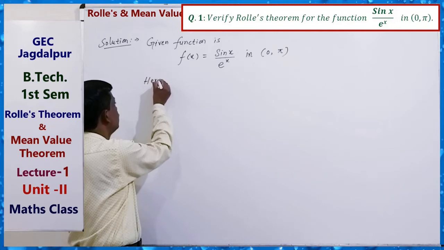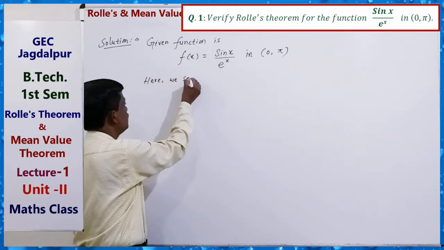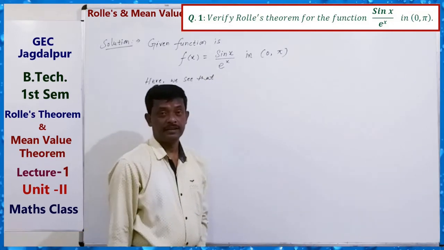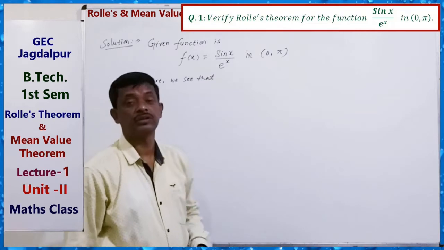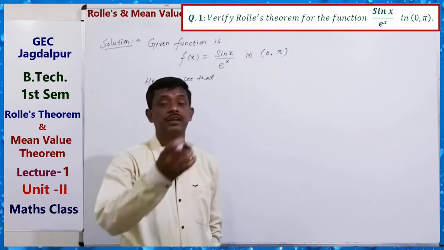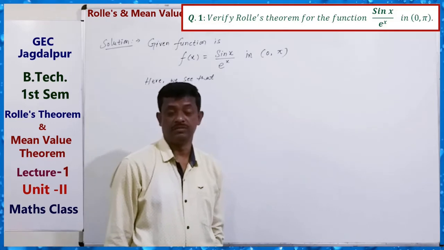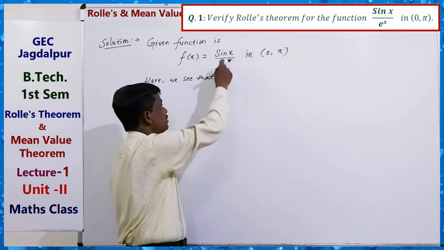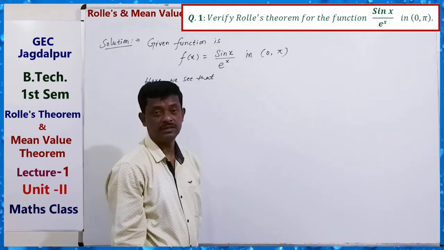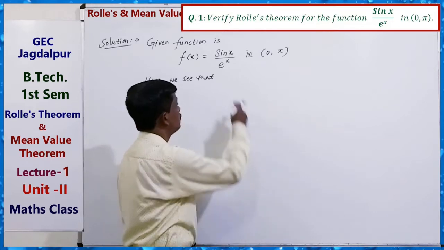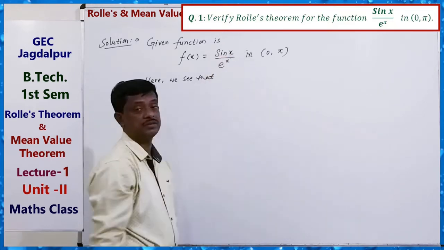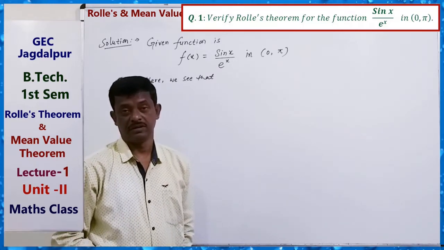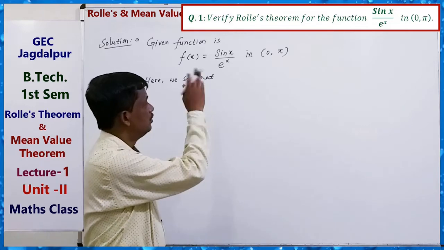Here we see that sin x and e to the power x are both continuous functions, and e to the power x is never equal to 0. So continuous function upon continuous function is continuous, and differentiable function upon differentiable function is also differentiable.